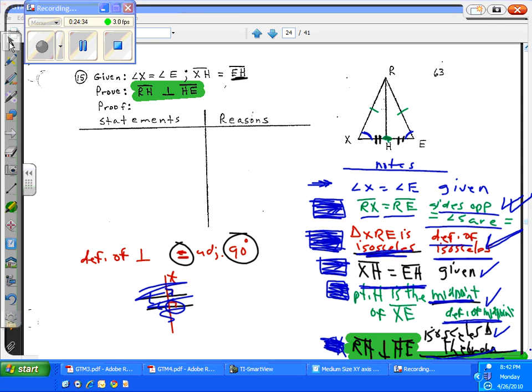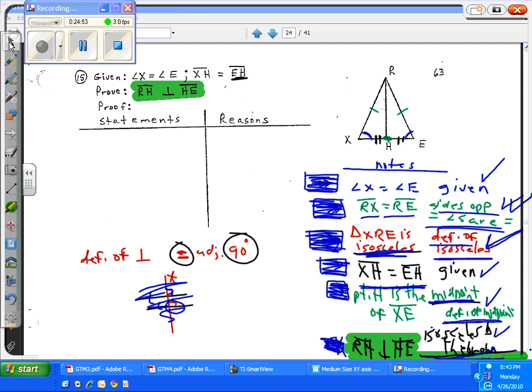So we then need to go to the next needed statement. This statement was needed to make the reason sides opposite equal angles are equal. Its reason is given. Therefore, it's justified. There are no more needed statements and reasons, so we know that our proof must be correct.